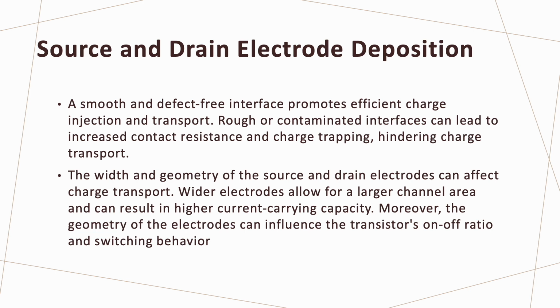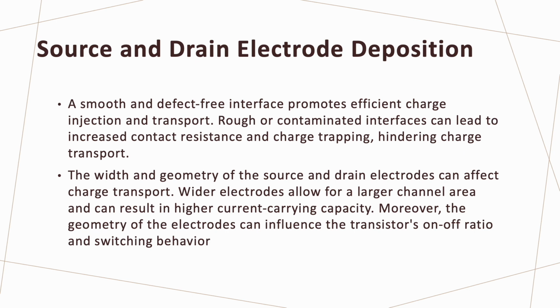For source and drain electrode deposition, a smooth and defect-free interface promotes efficient charge injection and transport. Rough or contaminated interfaces can lead to increased contact resistance and charge trapping, hindering charge transport.